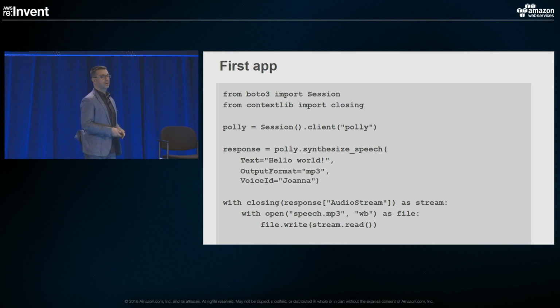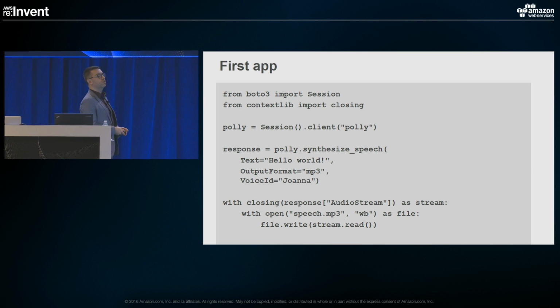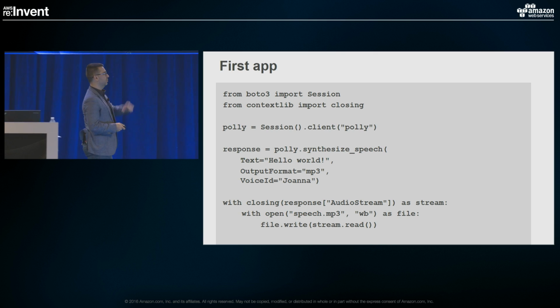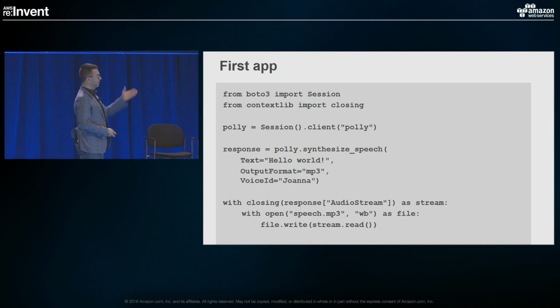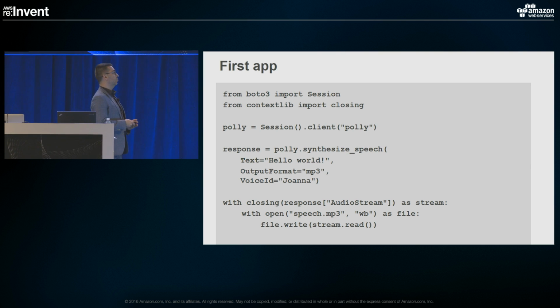You are just providing a text, specifying what output format you would expect, and specifying the voice which you would like to use to synthesize speech, and you are getting the stream of audio samples. And the next part of the program simply stores those audio samples in the form of an MP3 file. Specifically, this code is in Python, but you can use all the SDKs, all the APIs, which are available for any other AWS service, obviously.